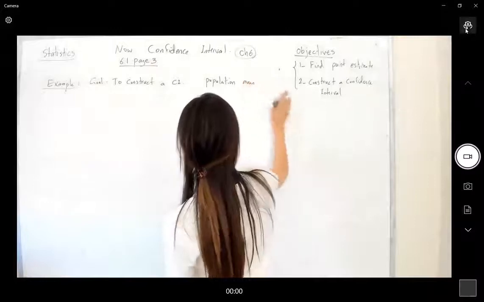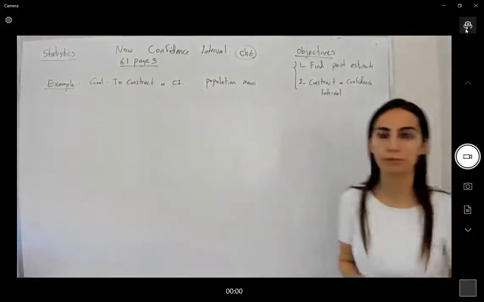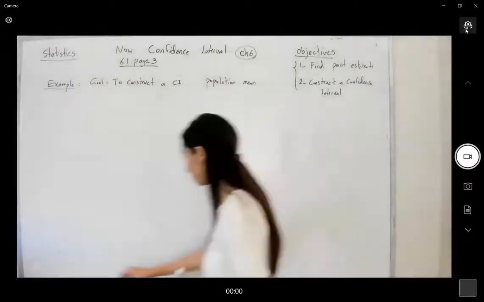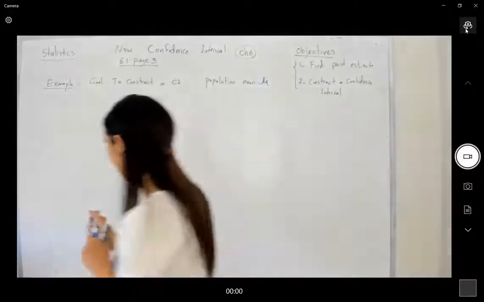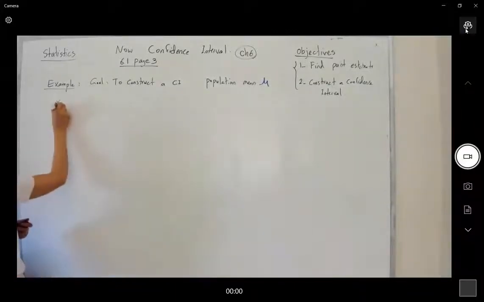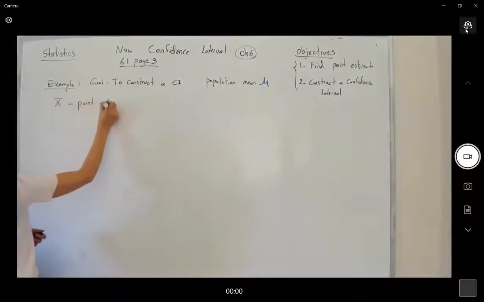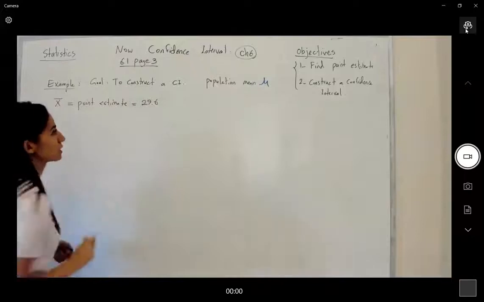We are trying to estimate the population parameter value, which is in this case the population mean, or mu. Okay, what information is given to us? We know X bar, we already calculated X bar, the point estimate, which is equal to 29.6.